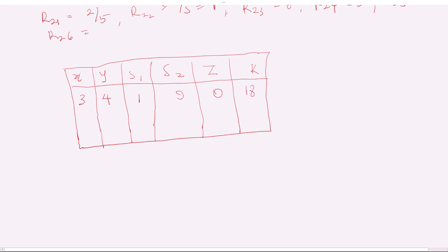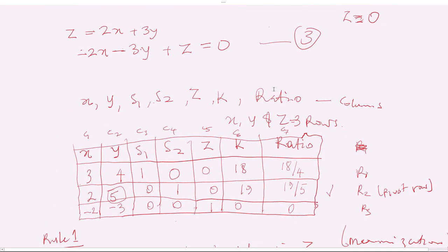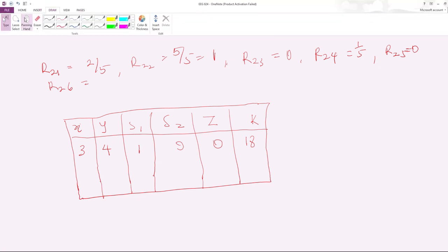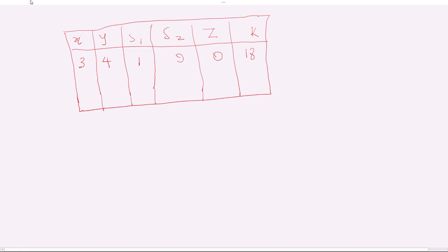Then row 2, let me check just to be sure. 18, yes. Let me zoom this up a little bit. Okay, I think we are good. So that's that. Let me draw the column here for the other rows.